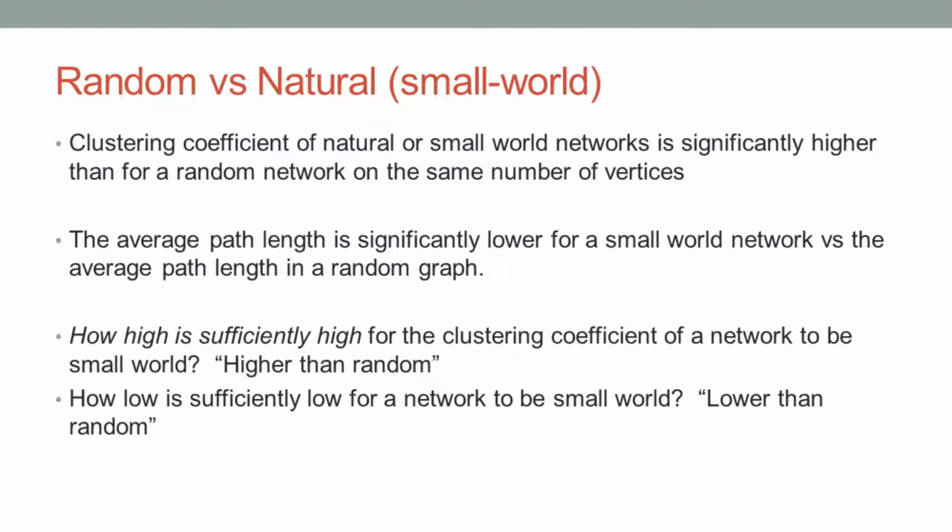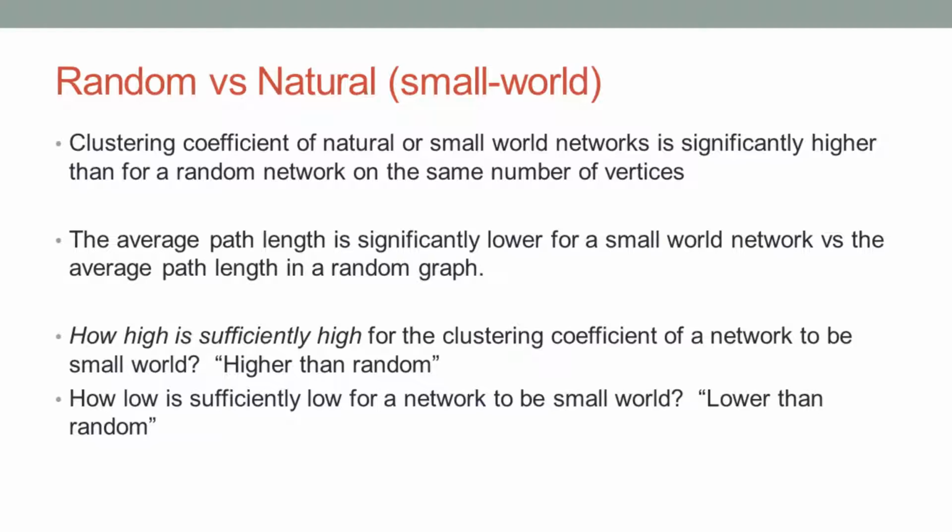Now the question arises sometimes, how high is sufficiently high? You say we want a high clustering coefficient and a short average path length. One way to answer this question is what we've done in the preceding slide, which is to compare a small world graph with a random graph. So one definition of the clustering coefficient being high enough is to say that it is higher than what you would get if you took a random graph with the same number of vertices.